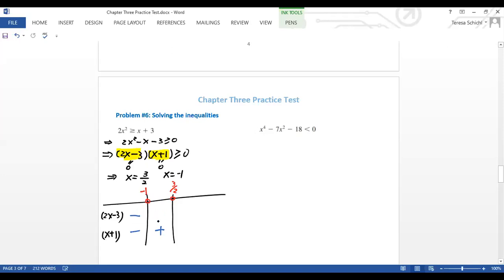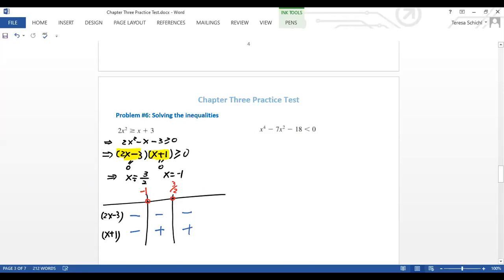If you choose something greater than 3/2, choose 4, then both factors are positive.